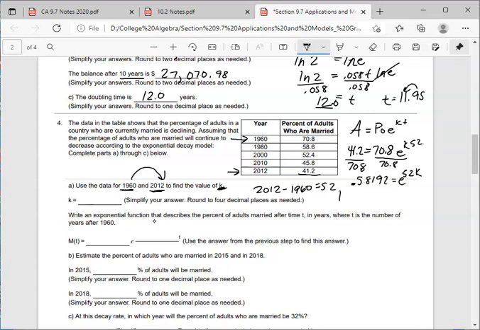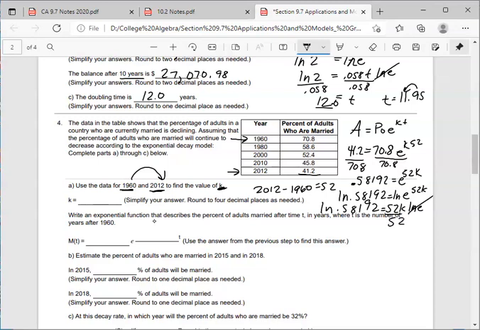I know that I've got to get that K to move down front. So I'm going to have to take the natural log of both sides, so I can use that power rule. So the natural log of 0.58192 is equal to 52 times K times the natural log of E. Get it to move to the front. The natural log of E is 1. That can just go away.